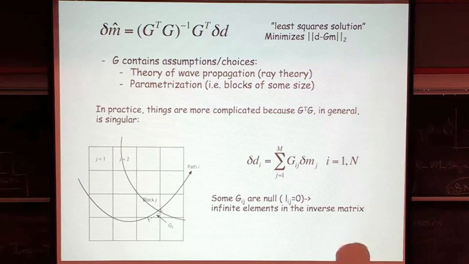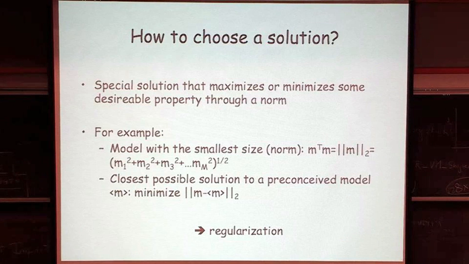So how do we choose a solution? In order to choose a solution, we have to add some independent information or some constraints. A standard way of doing this is to find a special solution that can maximize or minimize some desirable property, through a description, through a norm, a distance to something.